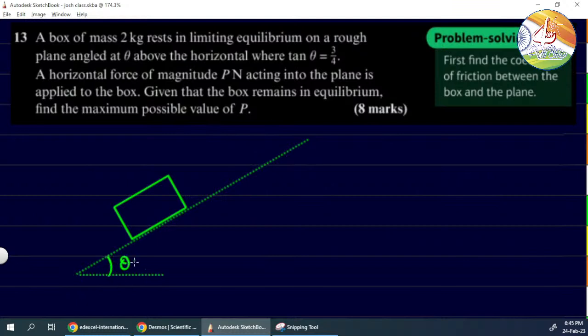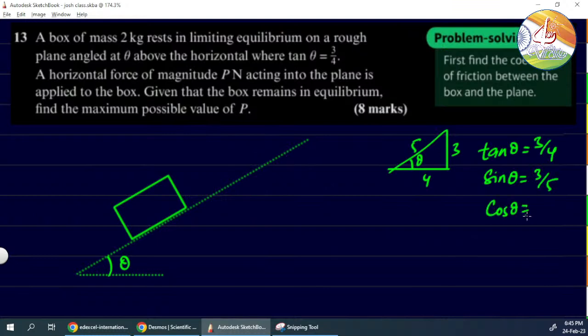The angle of inclination is theta, and tan theta he has given us. Tan theta is 3/4, so we can find sine theta. 3/4 means the hypotenuse will be 5. So sine theta will be 3/5 and cos theta will be 4/5. Correct?